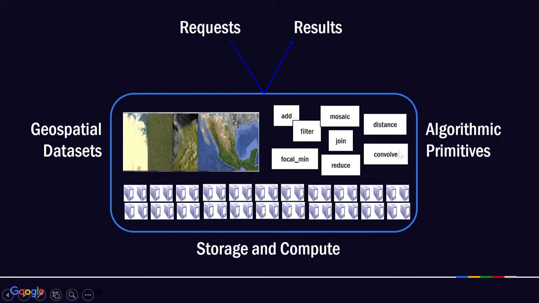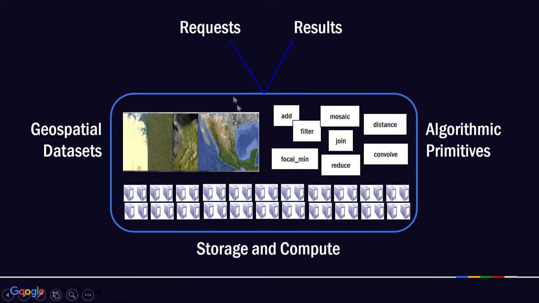Then the user can ask for applying some algorithmic primitives on that data, right? Then all these things will be done on the Google server, and finally it will return you a result which you can visualize on your browser. So this is the basic computation or service architecture of the Google Earth Engine.